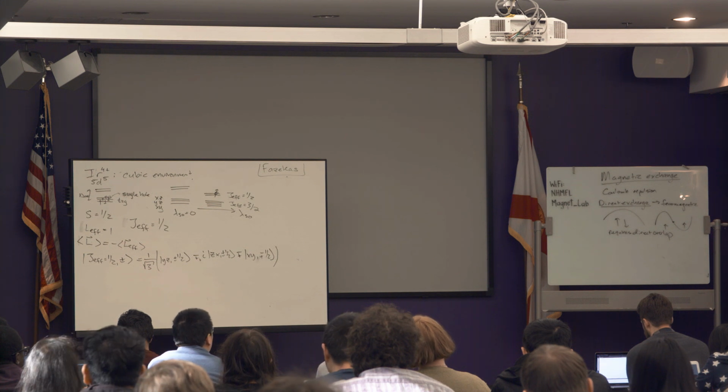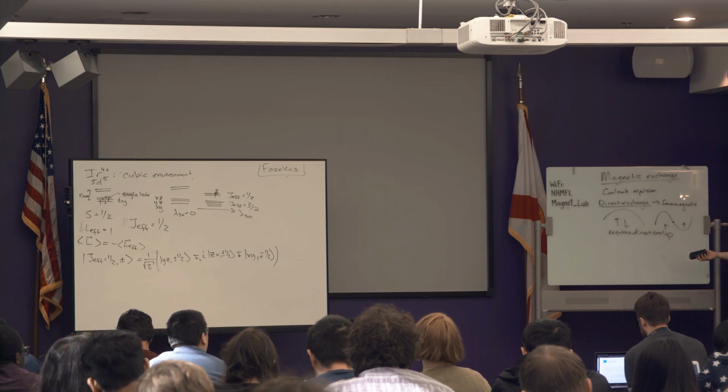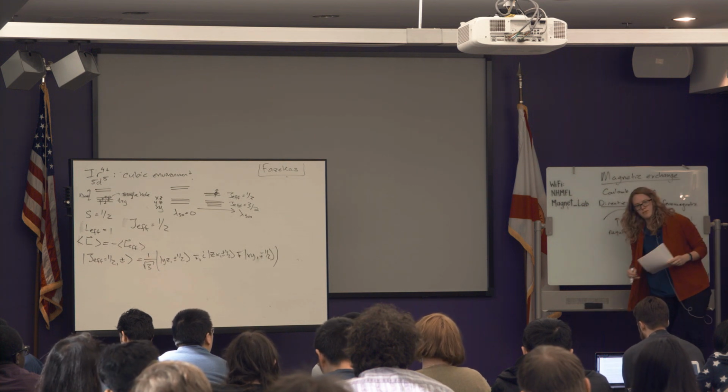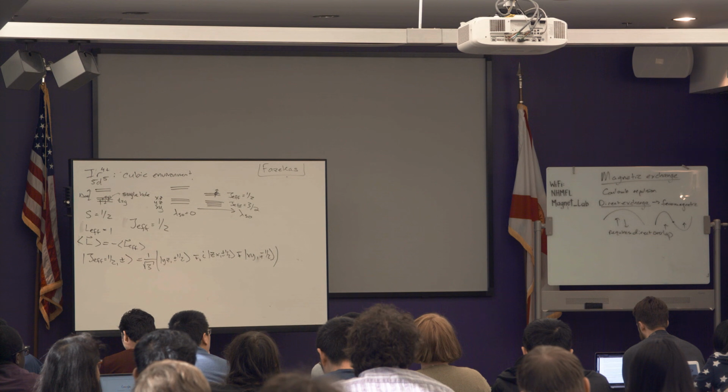The reason is essentially that 5D wave functions are much larger than 3D wave functions because they have a lot of spatial nodes in them. 4F wave functions are also similarly small, and so you won't tend to have a lot of direct exchange.